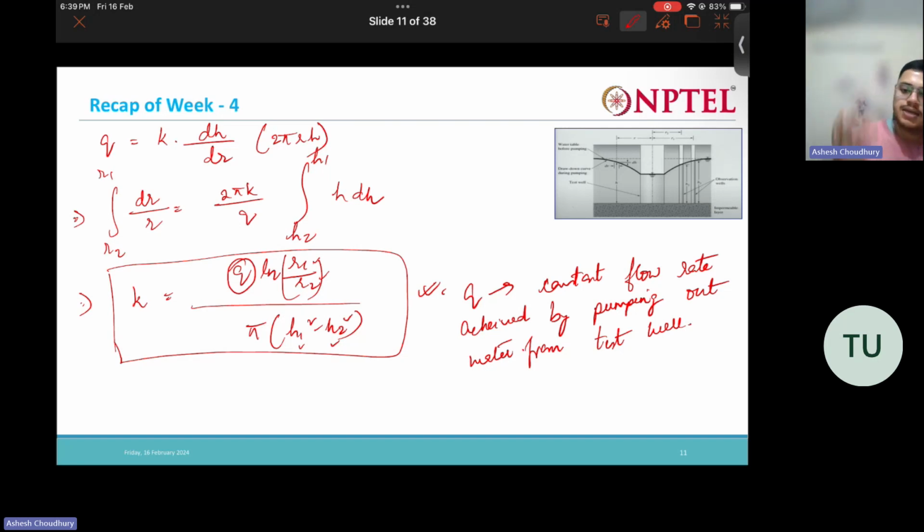We pump out water till you achieve a steady outflow of water. So R1, R2, Q, because you are pumping that water out, Q you can measure, and R1, R2, H1, H2 you can measure. From this you can get this K value. K is nothing but the hydraulic conductivity.